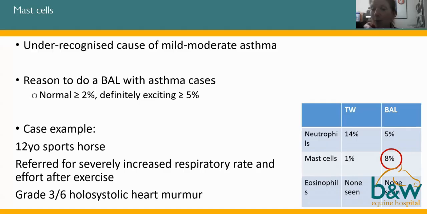So we did a track wash and BAL on him, and I thought it was useful just to put the results up here, bottom right. His track wash had 14% neutrophils, not very many mast cells, and no eosinophils. So if you did just a track wash in this horse, you'd think, fine, nothing exciting going on here. But the BAL had 5% neutrophils, again not exciting, but it did have 8% mast cells. I think it might be relatively easy to gloss over that, but actually, that's quite exciting.